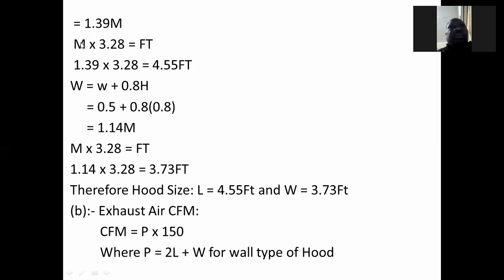Just convert this meter into feet by multiplying with 3.28, and you will be getting the length of the hood in feet. So 1.39 is the length of the hood in meter. You just convert that into feet and you will be getting the answer.